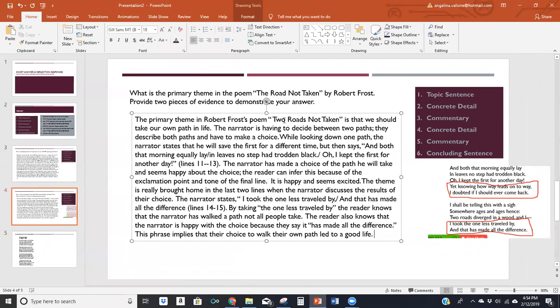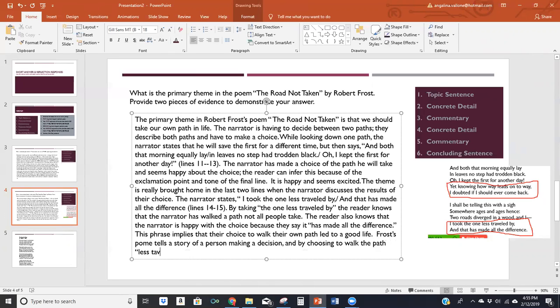Okay, so I'm going to do: Frost's poem tells a story of a person making a decision, and by choosing to walk the path, let's stick to the good terms, less traveled by, the narrator is happier.